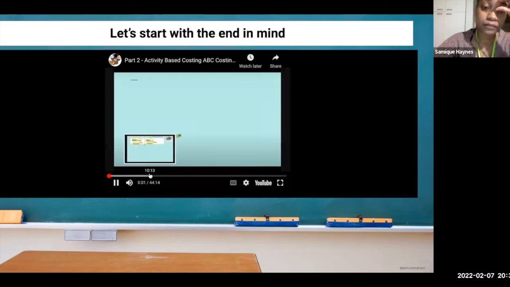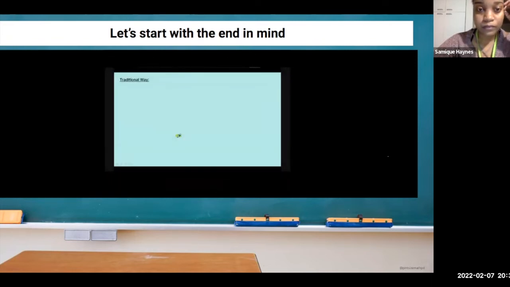All right, so first of all, I said a while ago that activity-based costing is a more exact way of finding out the overhead cost of each type of phone. More exact than what? Well, more exact than the traditional way.